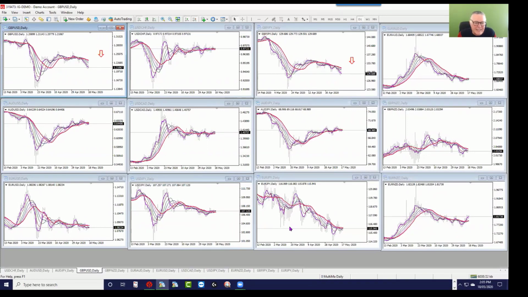Now you can see the same thing on the multiple moving averages, because if you look at the other currencies, they're all consolidating. The only ones that are going down are the pound, and there's the New Zealand, which we haven't really looked at in detail, but there's a little bit of a trend happening here. But here's the main trend there.